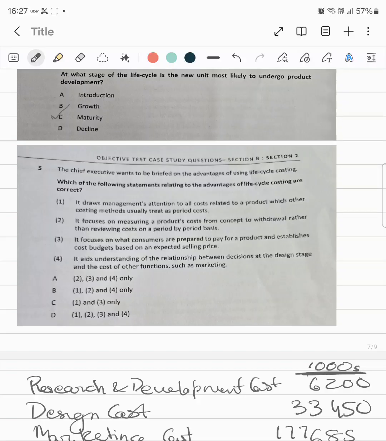Okay. It focuses on measuring a product's cost from concept to withdrawal, rather than reviewing cost on a period by period basis. Yes, so it focuses on measuring a product's cost from concept to withdrawal, because at every stage it has to assess whether the product will be profitable or not.